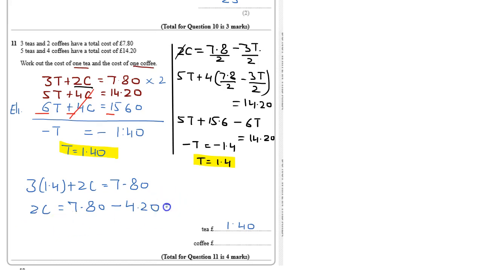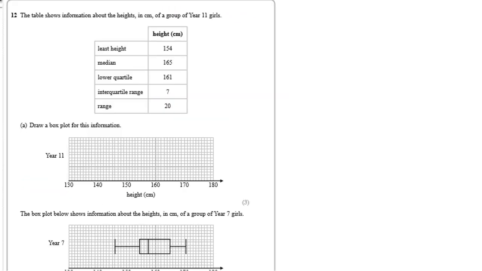So that is 7.8 minus 4.2, which is 3.6. So the cost of the coffee is 3.6 over 2, that is 1.8. So your answer is 1.80. Whenever you get this kind of question, make an equation and solve it as a simultaneous equation, either by elimination or by substitution.